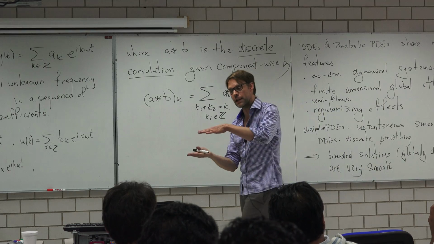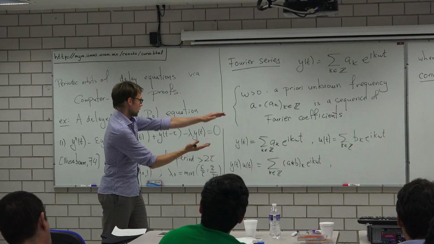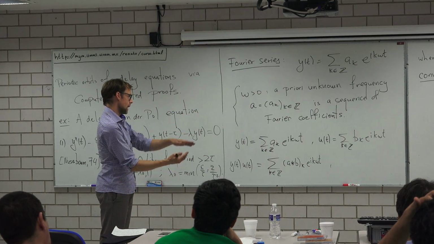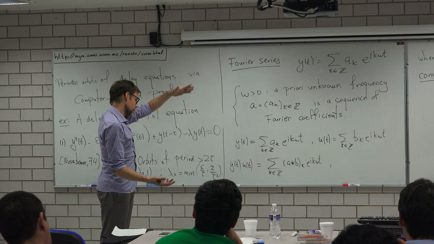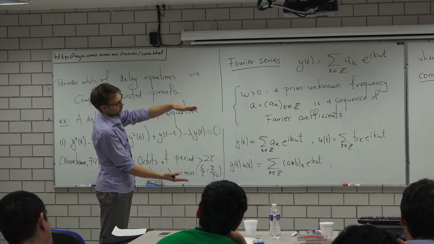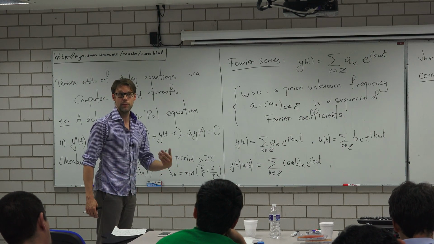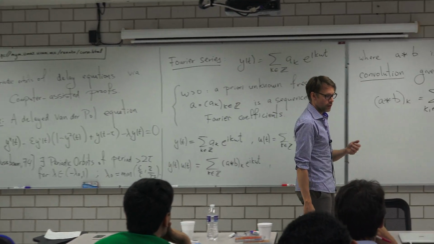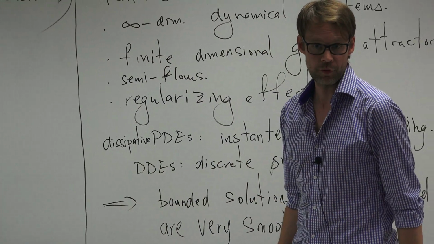The decay depends on the strip in the complex plane which does not contain the poles. It's analytic and periodic, so there may or may not be poles in the complex plane. You take the largest complex strip which does not contain any pole, and that width gives you the geometric decay rate. If that width is rho, then the geometric decay rate of an analytic periodic solution will be a constant divided by rho to the k for the Fourier coefficients.